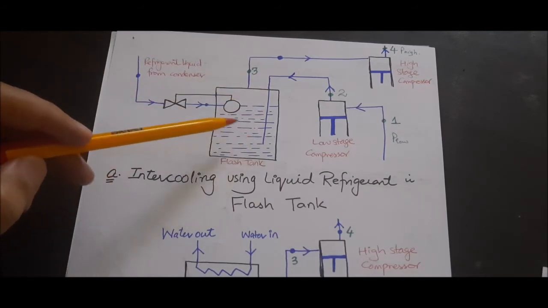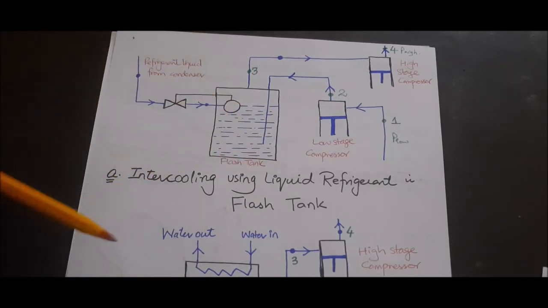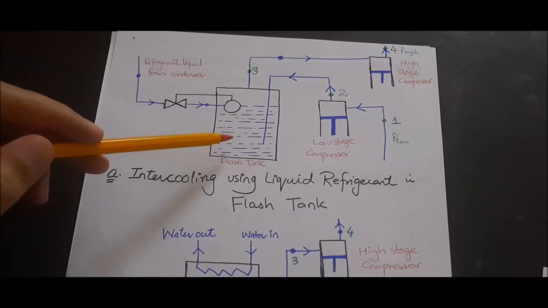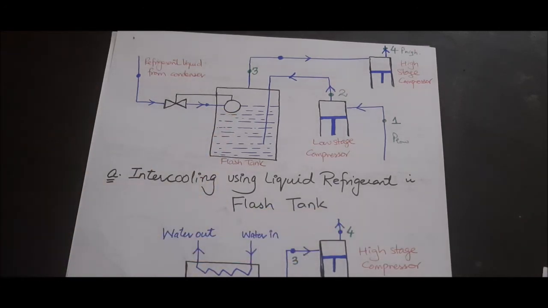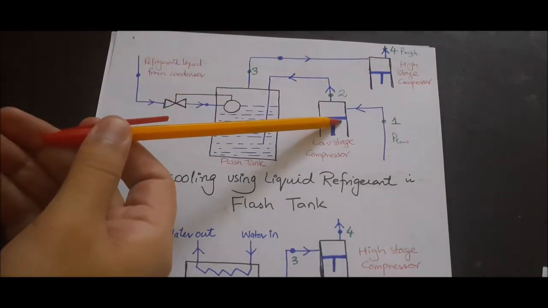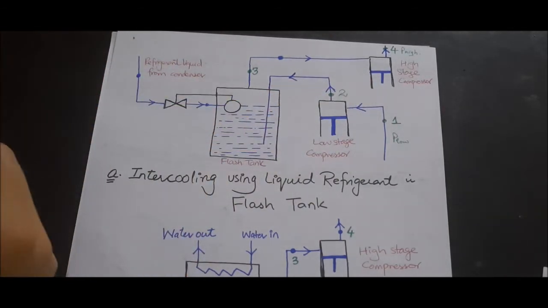Now since this is cool, this cooling effect takes place, and then from the flash tank it is moved into the higher stage compression. So that is how the intercooling takes place between the primary and secondary, or we can say the low stage and the high stage compressors.